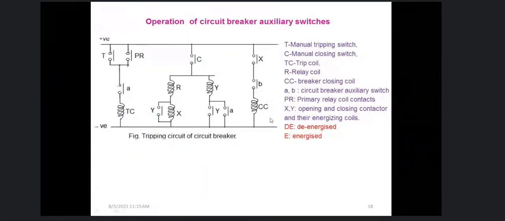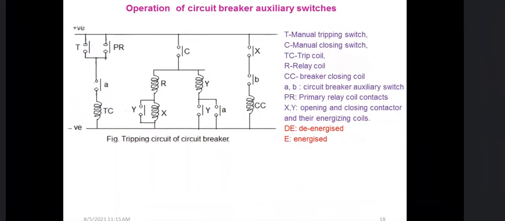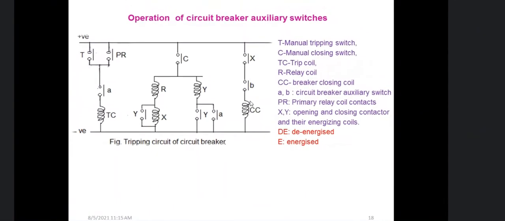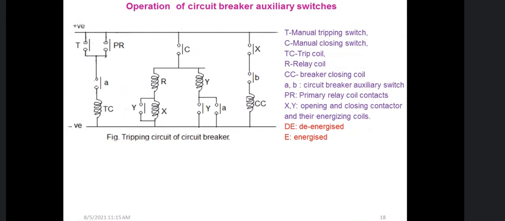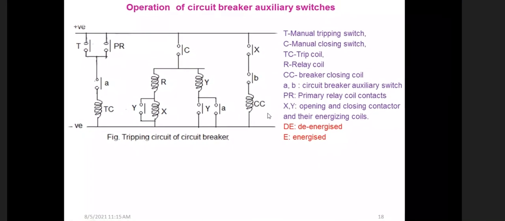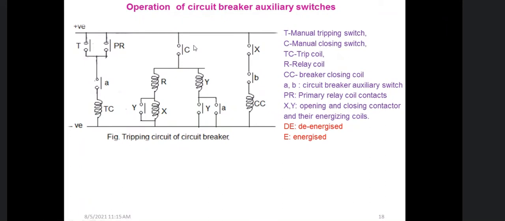Anyway, if you want to close the circuit breaker, then the closing coil should be energized. Now the closing coil may get voltage through this path, or by any means these two contacts should be closed, using a relay or using this manual closing switch, which I shall discuss.